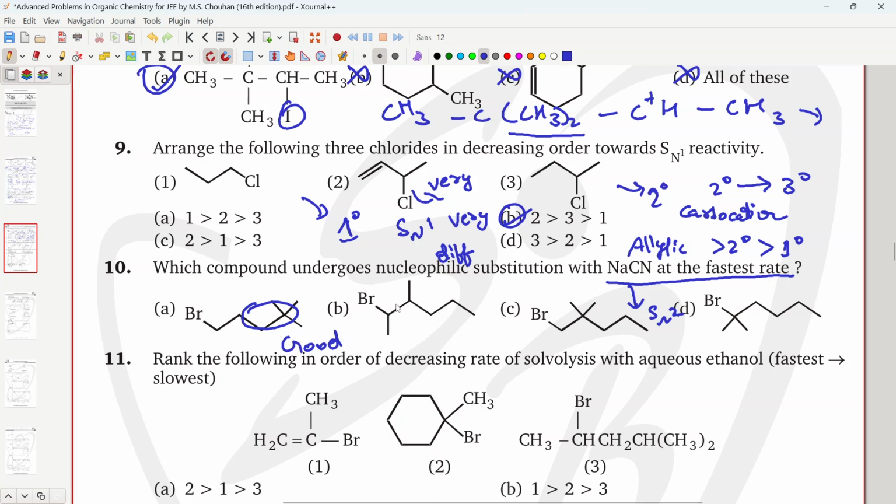Now for B, it's a secondary, so it's lower. Now for C, the primary bromide is directly adjacent to a highly branched neopentane-like hindrance. So SN2 is greatly slowed. Now for D, a tertiary bromide. If it's tertiary, SN2 is basically impossible. So the answer is option A.